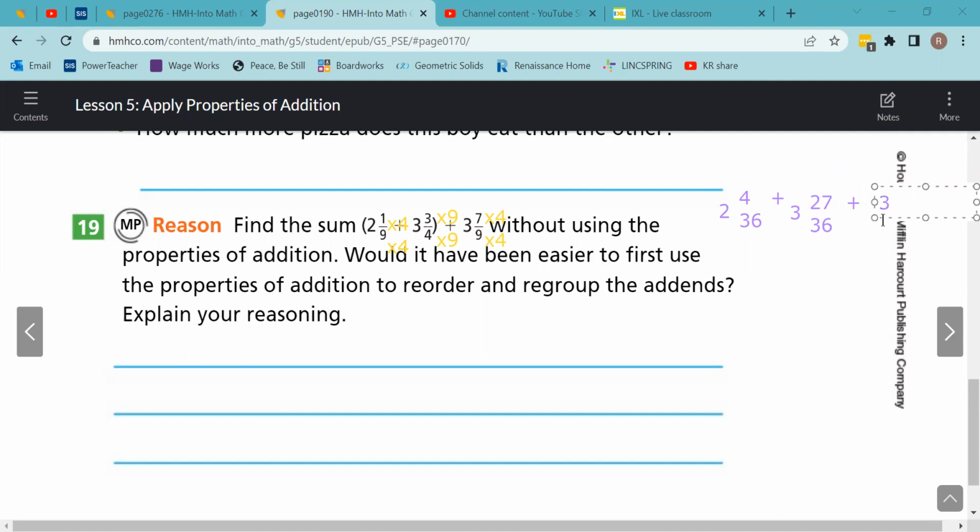Plus 3 and 28/36. All right, now put all of your whole numbers together. 3, 6, 7, 8. You get 8, and I'm guessing it's going to be improper here. Ooh, that's really hard to read. Sorry, 5th grade. 3 and 28/36.